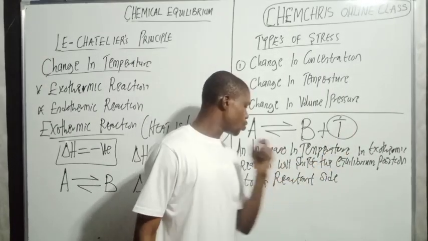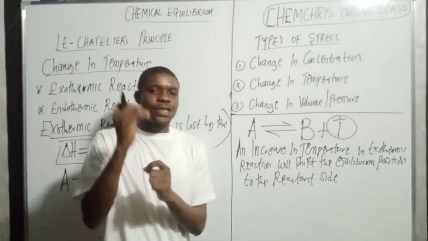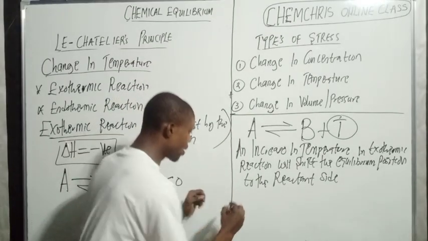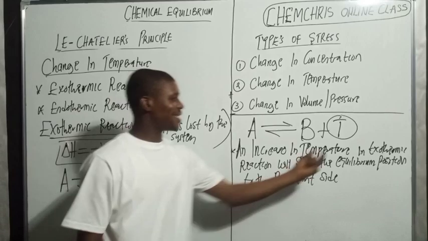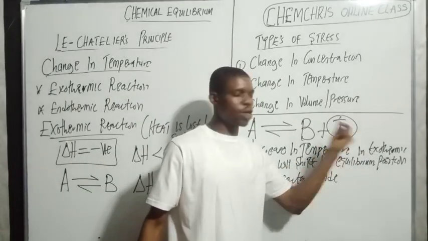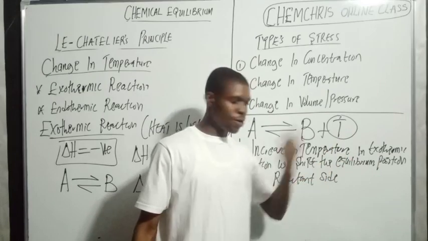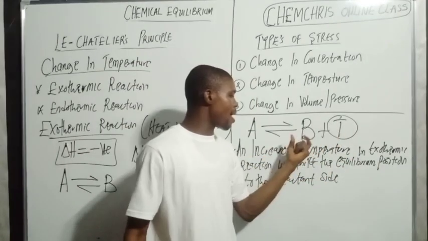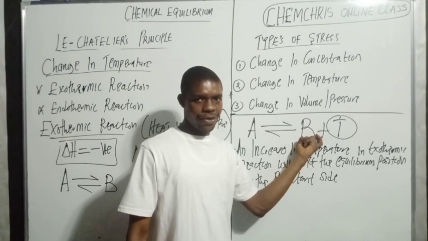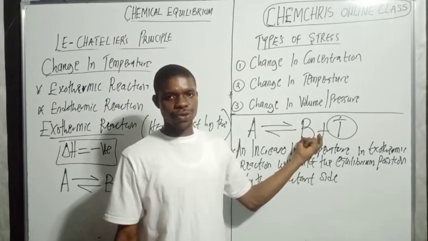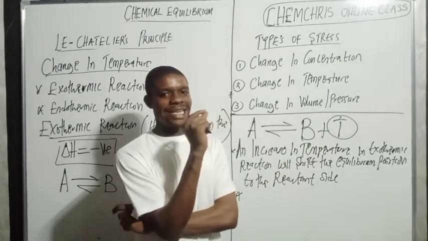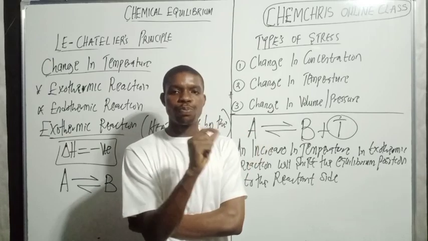You understand now? So what about a decrease in temperature? Remember, when you decrease B, a decrease in concentration at one point will cause the reaction to move to the same side.